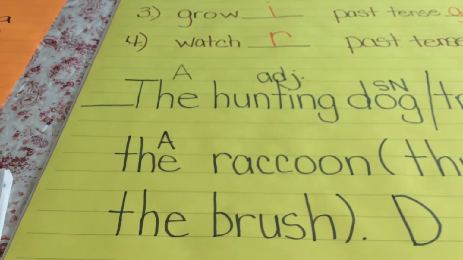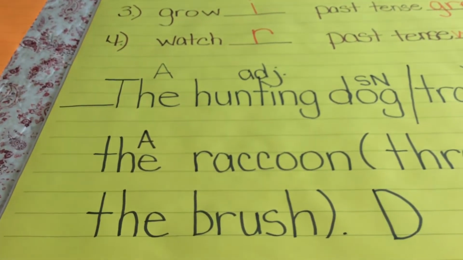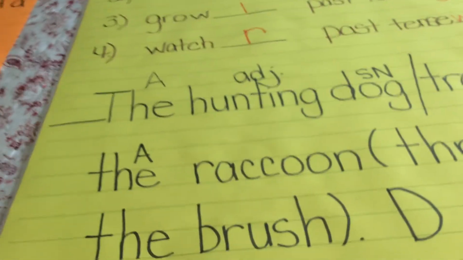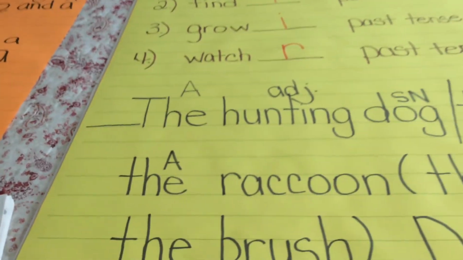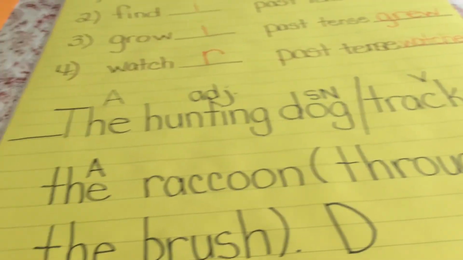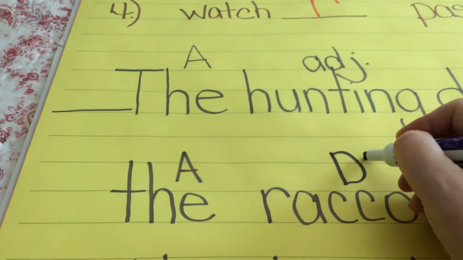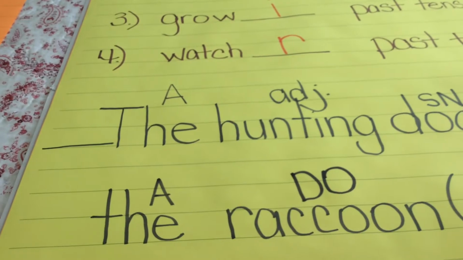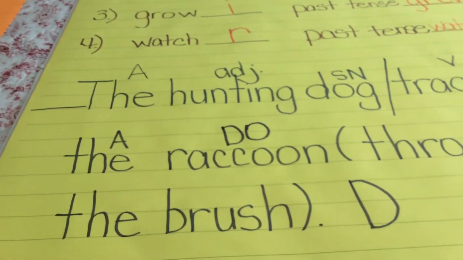We know that raccoon is a noun. So it can only be one thing. It's not in a prepositional phrase. We know that through is our preposition. So it is a direct object. Because the hunting dog tracked what? The raccoon. It goes right to the raccoon.